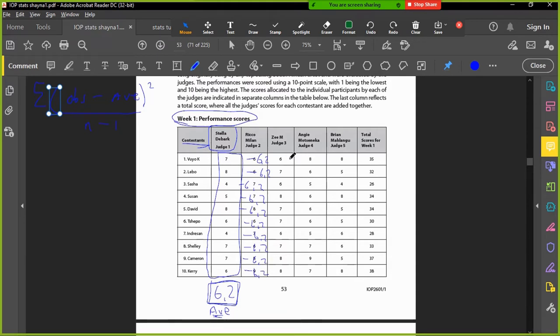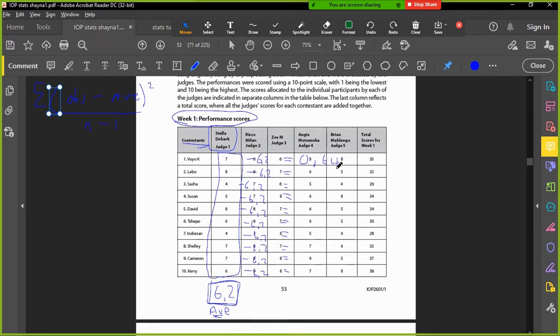I need to get an answer and then square the answer. So let's do that. 7 minus 6.2, and then I just press the squared button on my calculator. The answer is 0.64. Yeah, 0.64.